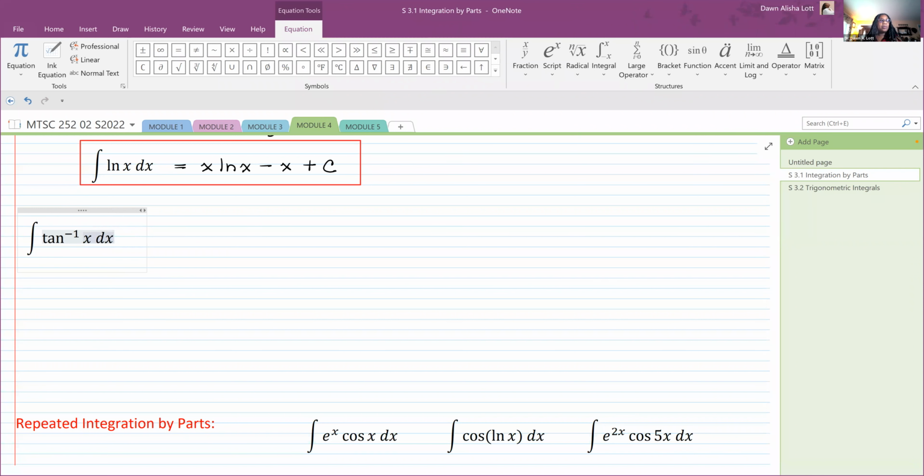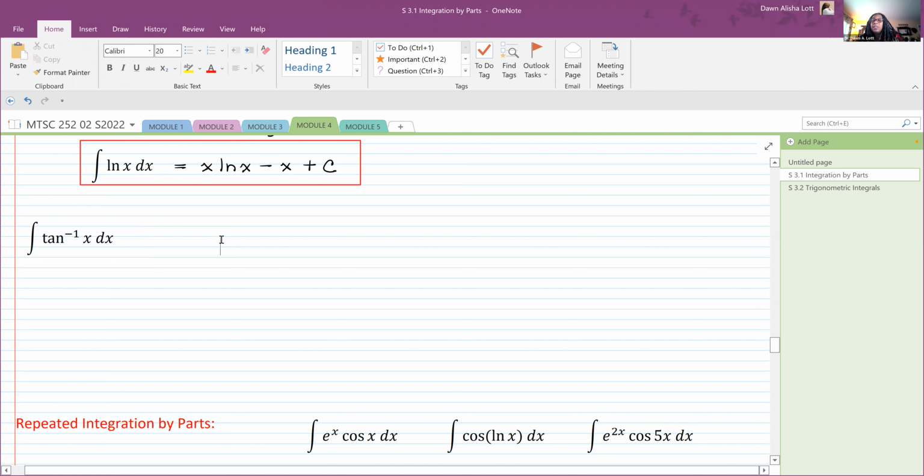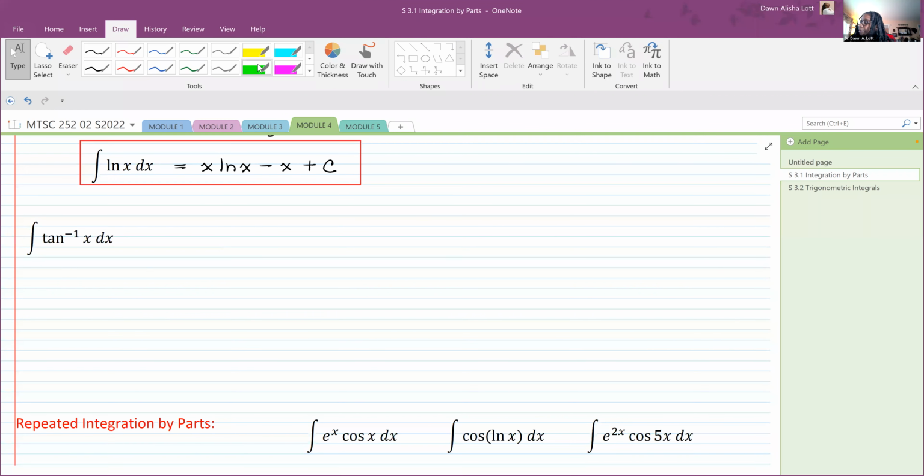Okay, so here's the integral of tan inverse x dx. This one is just like the last one. I only have two things in the problem, tan inverse of x and dx. So dx by default has to be dv, and then u has to be the tan inverse of x.